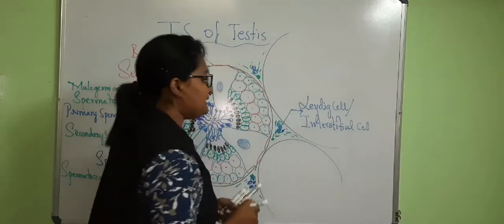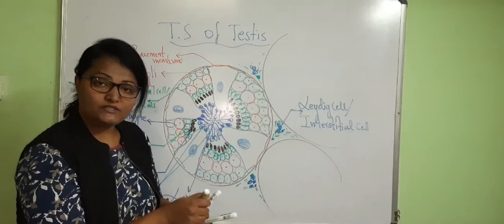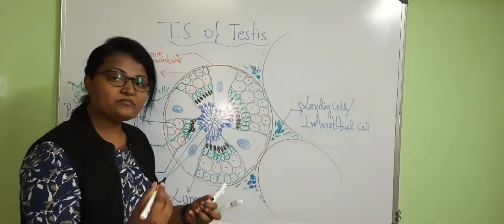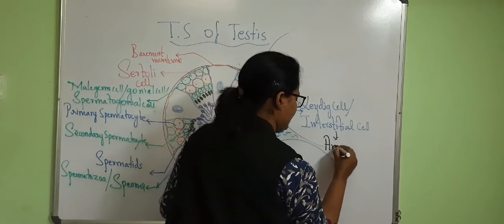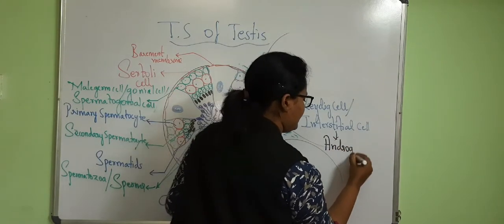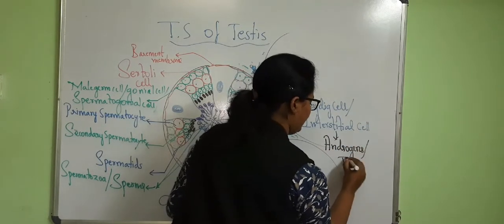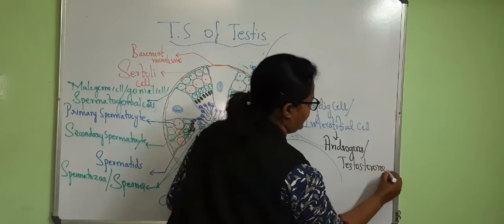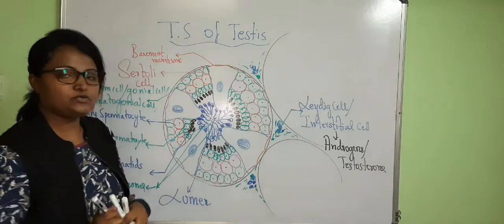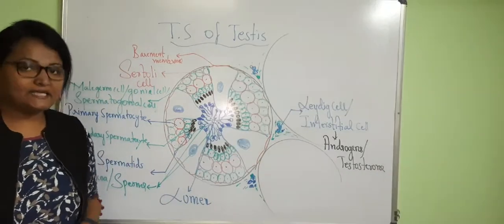These cells are responsible to produce one of the male sex hormones, that is androgens or testosterone. So this is the structure of TS of testis.